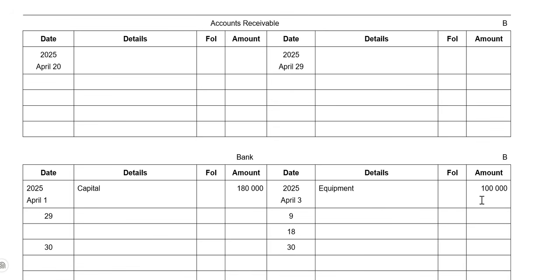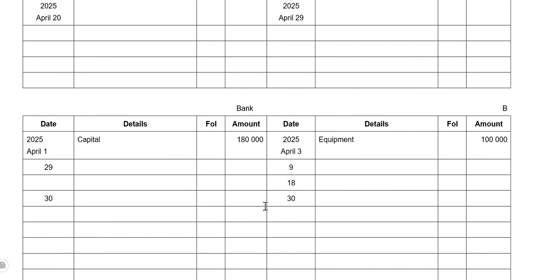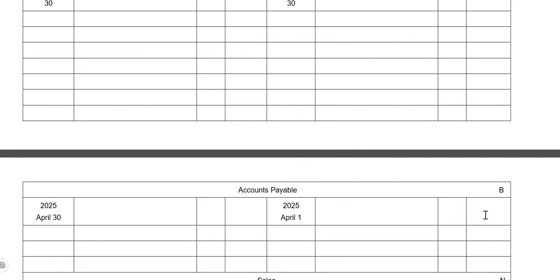But I put 250,000 in equipment. Now I've put 100,000 in bank. But that's not the end of the story, because remember, we owe 150,000 because 150,000 was purchased on credit of the total equipment. The contra account here is equipment.